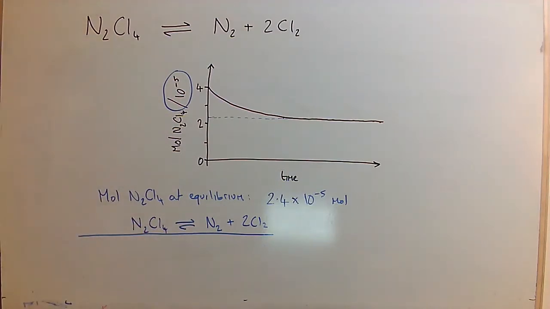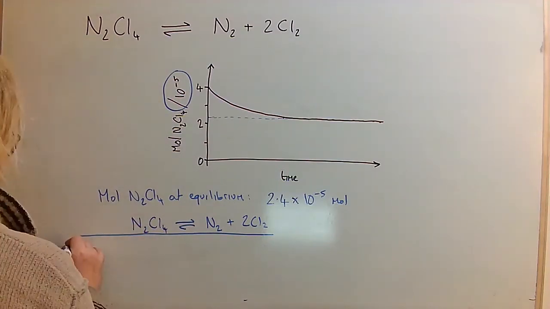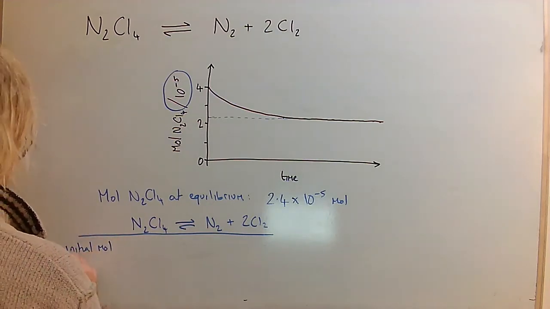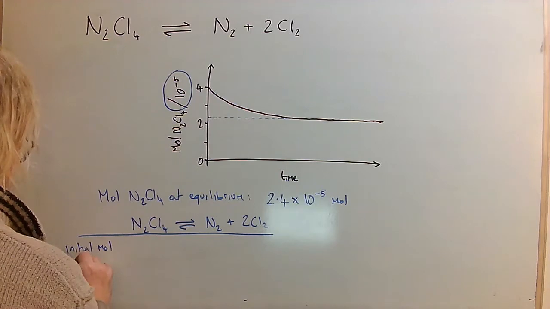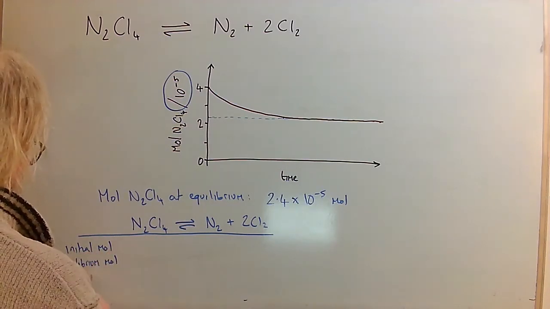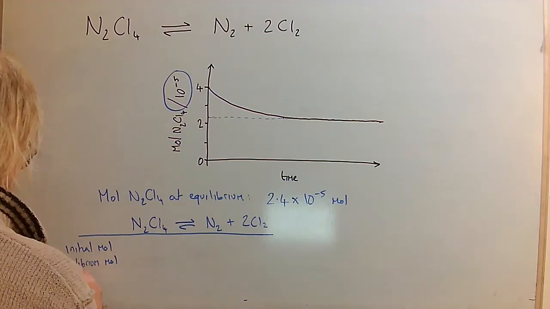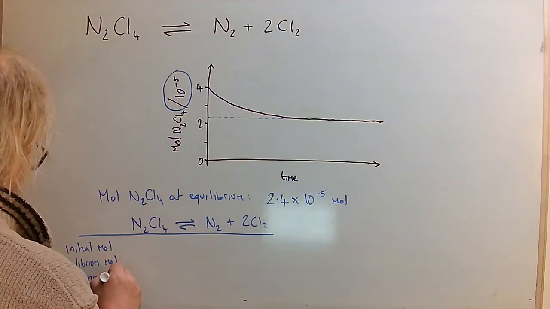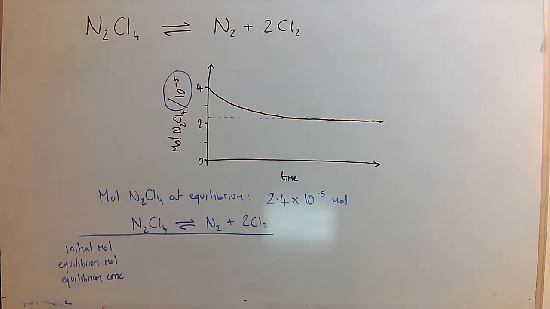And we said you should write down the initial moles and the equilibrium moles. And if we're talking about Kc rather than Kp, which is what we're doing here, the equilibrium concentration. So whenever you have an experiment where you know what you had at the beginning and then you have some information about what you have at the end, you should think about setting up a table like this.